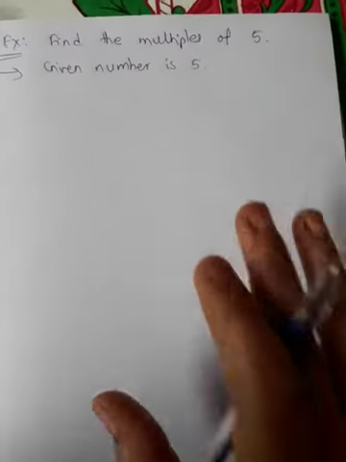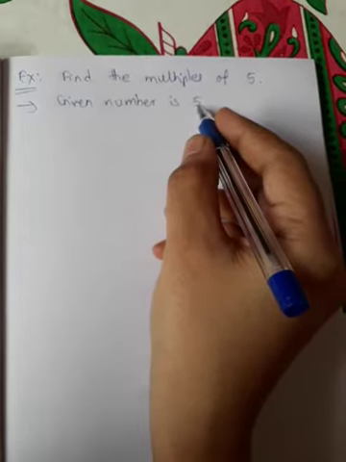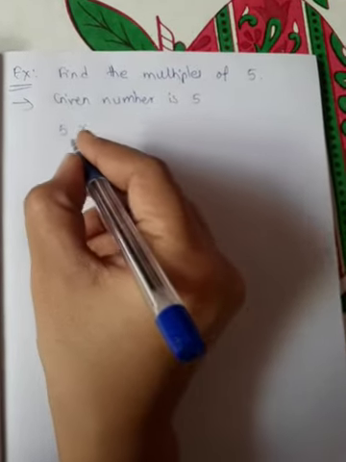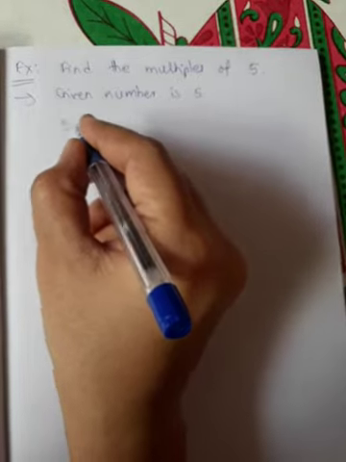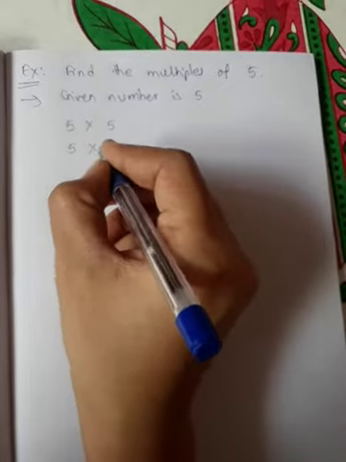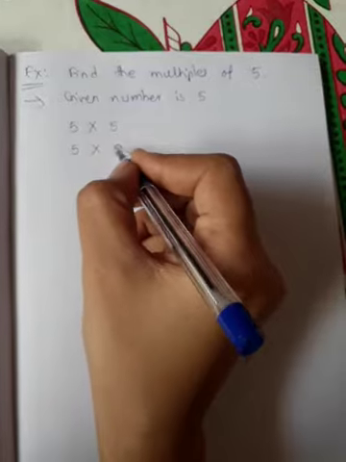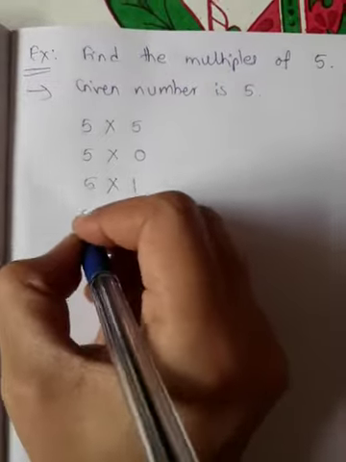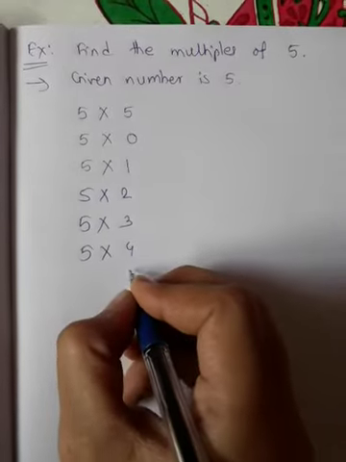So what is the definition? A multiple of a number is nothing but the product obtained by multiplying the given number, means we have to multiply the given number by the same number, that is 5 by 5, or any other number. So we can multiply 5 by 0 also, we can multiply 5 by 1 also, we can multiply 5 by 2, 5 by 3, 5 by 4 and so on.